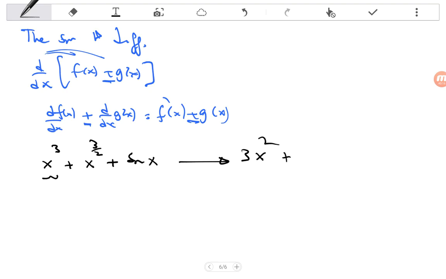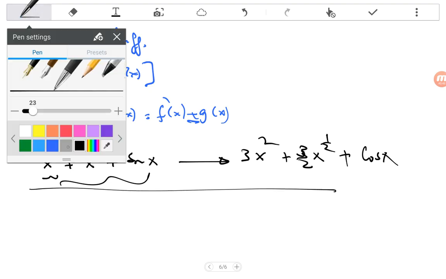What is the derivative of x power 3 over 2? I will just take the power down, it will be 3 over 2 x power, I will just subtract 1 from the power, it would be half. So sine x, what is the derivative of sine x? It is cosine x. Okay, so whenever I have a sum or a difference between functions, we just add or subtract the derivatives of these functions.